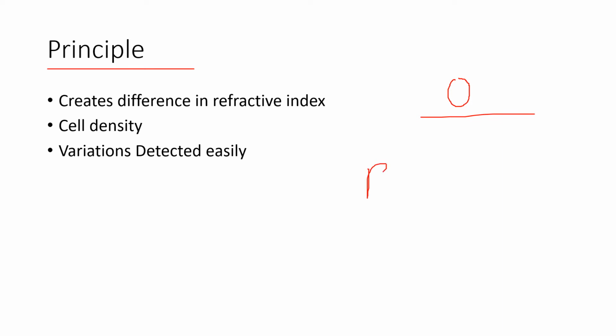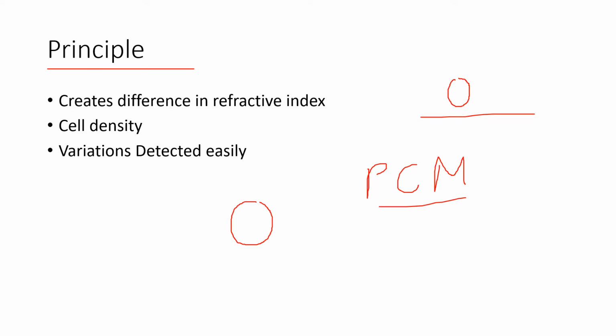What phase contrast microscopy does is magnify these refractive index differences. So when the images are formed using these variations, they are detected easily and are clearly visible in the image, because we are magnifying those refractive indexes.